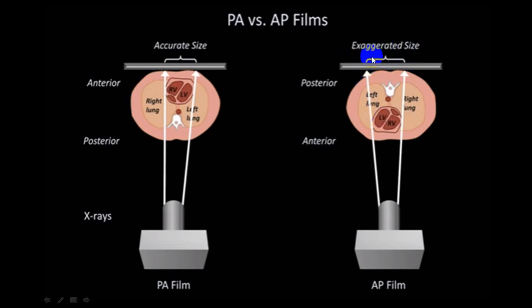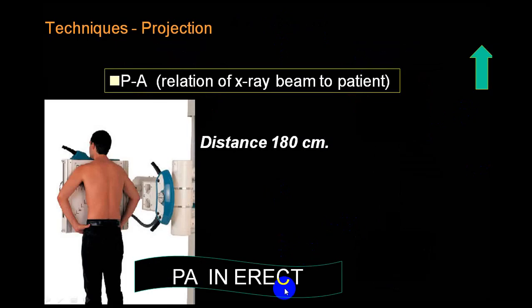So that will give a false image on an X-ray plate, and the person will be diagnosed as cardiomegaly, which is of exaggerated size, and that gives you a false impression. So never give an answer regarding a cardiomegaly when it is an AP view. It is a wrong thing.